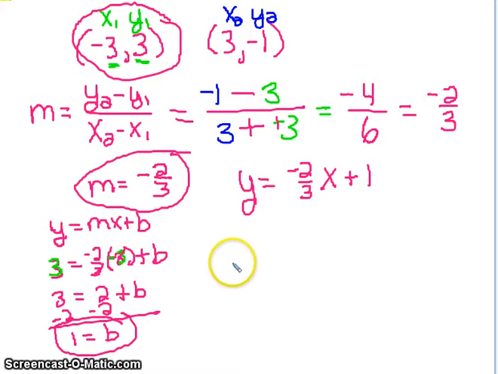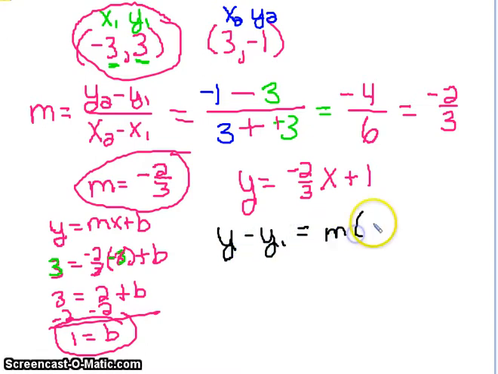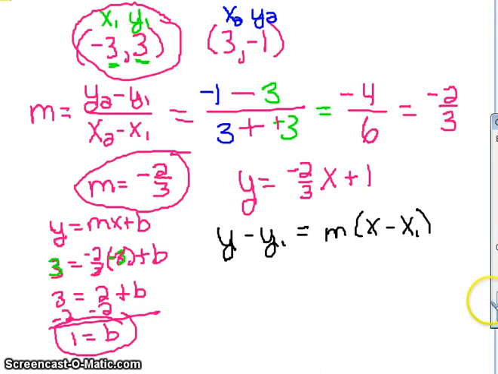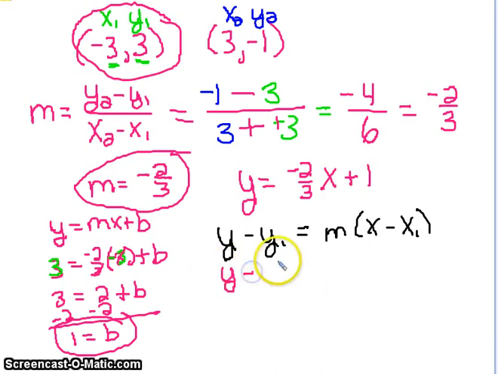I'm probably going to have to do another video because we need to talk about parallel and perpendicular lines real fast. But just to make sure we're good on that last equation, y minus y1 equals m times x minus x1. Sorry, it's late. My brain's not working. So we have y minus our y1, which was 3, equals -2/3 times x minus my x1, which is -3.